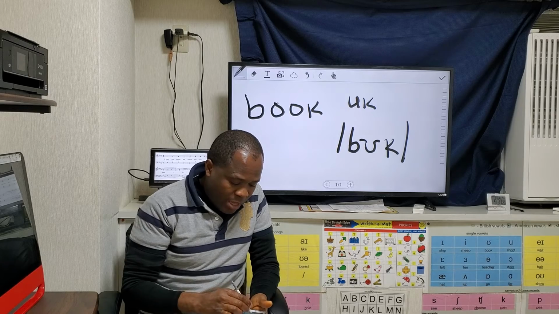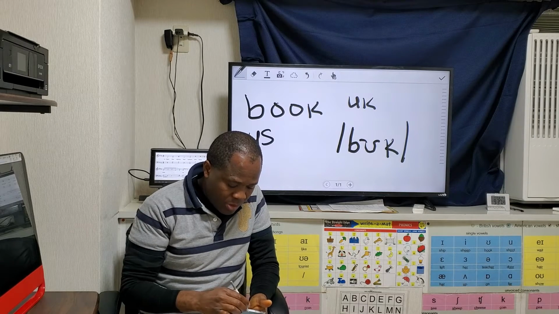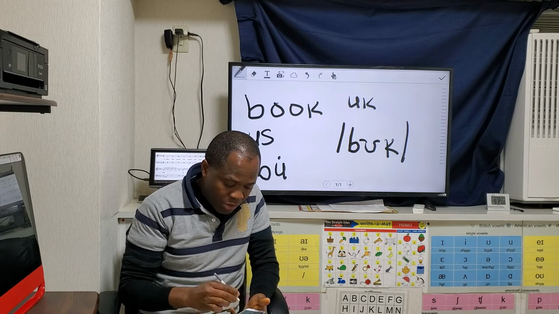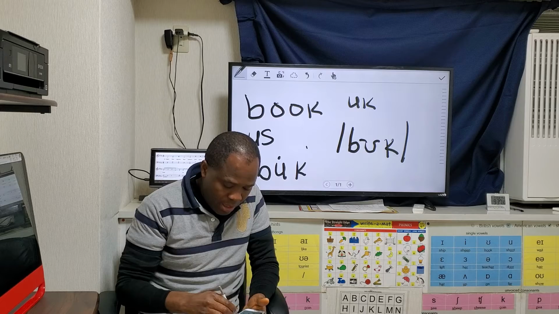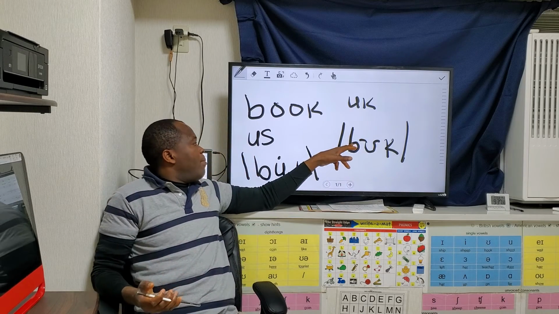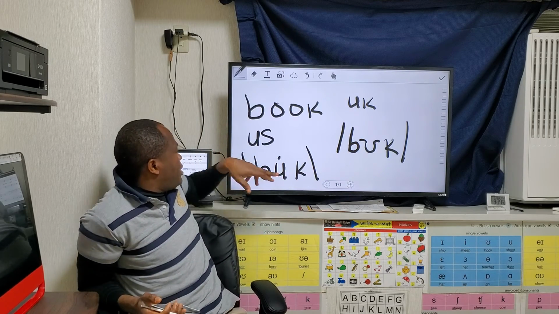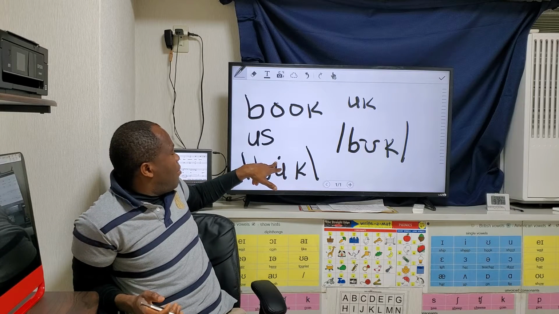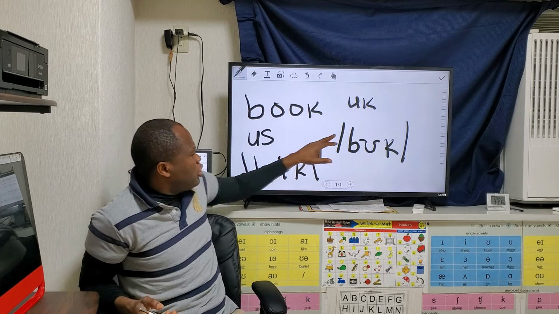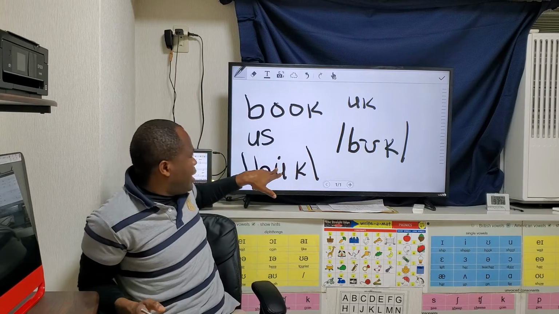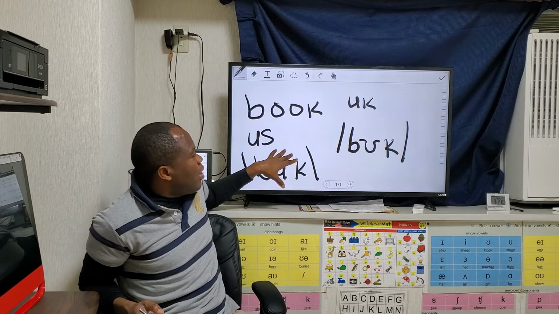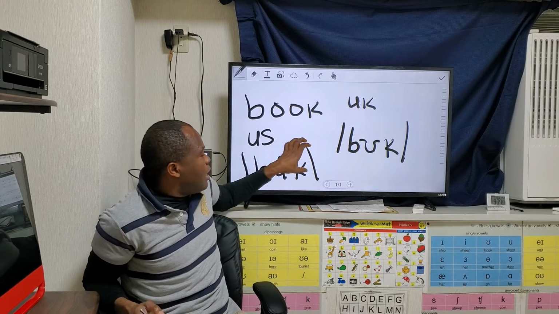Let's look at the US. The US is going to be B, the usual U with one period on the top, and K. Book. So this is UK book, US book. Same sound, but the spellings are different. The symbols that we use to represent the word are different.